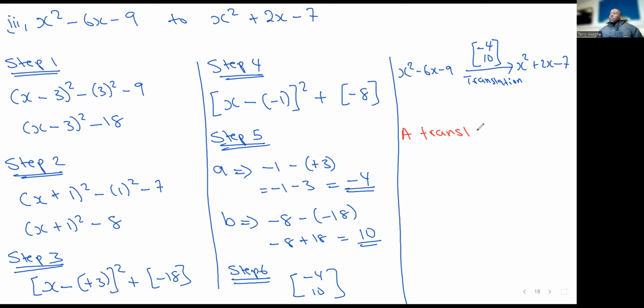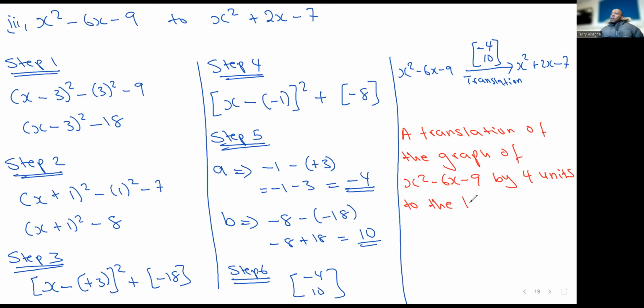The translation of the graph of x squared minus 6x minus 9. Now you have minus 4, so that means by 4 units to the left, because it's minus. And what? You have 10, and that will be what?